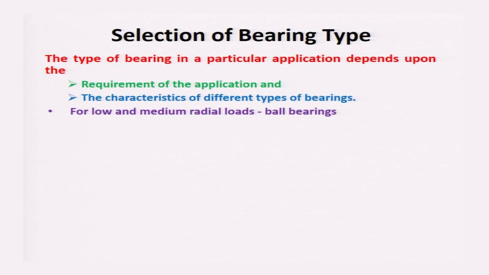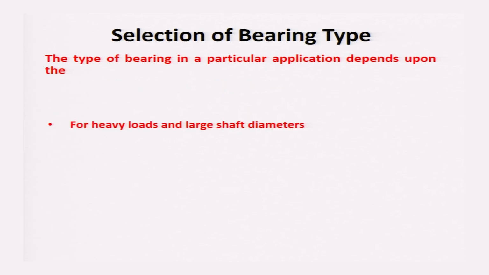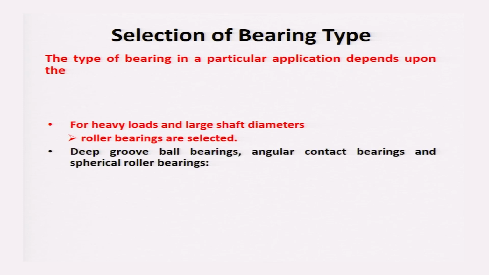solved. The selection of bearing type in a particular application depends upon the requirement of the application and the characteristics of different types of bearing. For low and medium radial loads we go for ball bearings. For heavy loads and large shaft diameters we go for roller bearings.